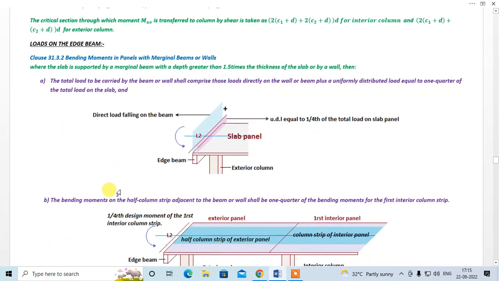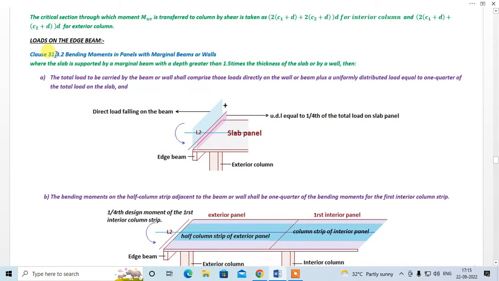So the code suggests, as per clause 31.3.2, bending moment in panel with marginal beam or walls, where the slab is supported by a marginal beam with a depth greater than 1.5 times the thickness of the slab, or by a wall, then the depth of this edge beam should be greater than 1.5 times the thickness of the slab.